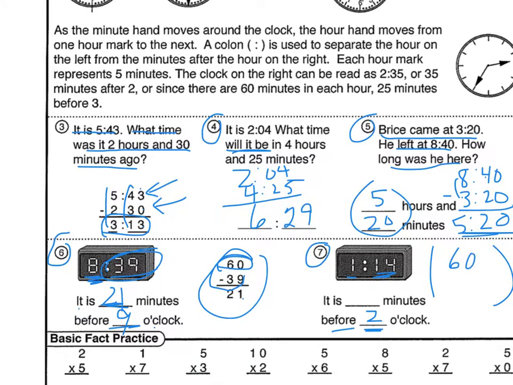Well, there are 60 minutes in an hour. 14 minutes have already gone by. 60 minus 14. Hopefully you didn't do 0 minus 4 is 4. Hopefully you regrouped because you cannot do 0 minus 4. We're doing 10 minus 4 is 6. 5 minus 1 is 4. And so there are 46 more minutes to go until it's 2 o'clock.